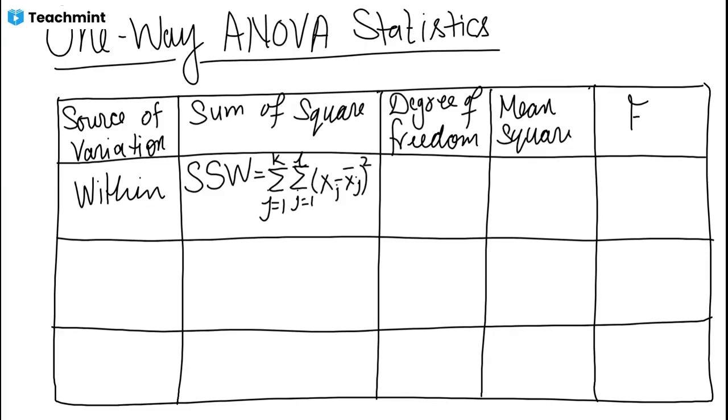Or simply, instead of j and these limits you can use x minus x bar square straight. You can use it that way also, but sometimes they can give you like i or j here.